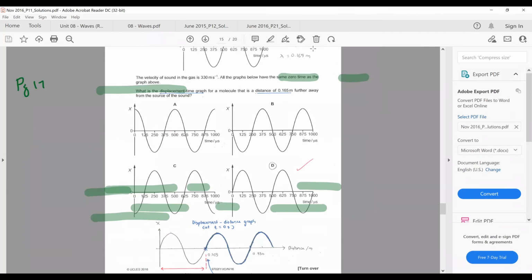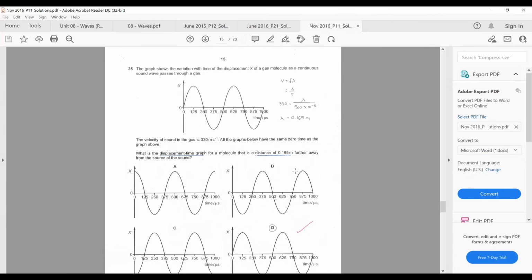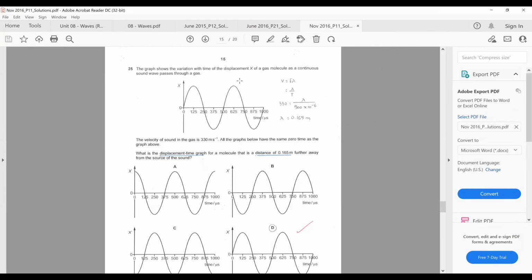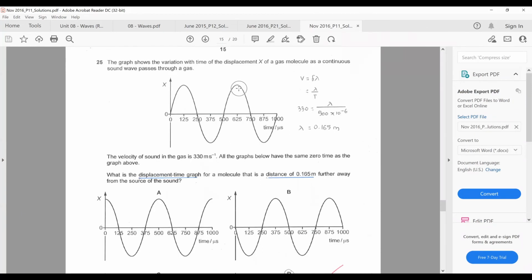Okay. Yeah, this one is more of the difficult ones. The graph that you have here shows you the displacement time graph of a particular molecule inside the gas as the sound wave passes through it.